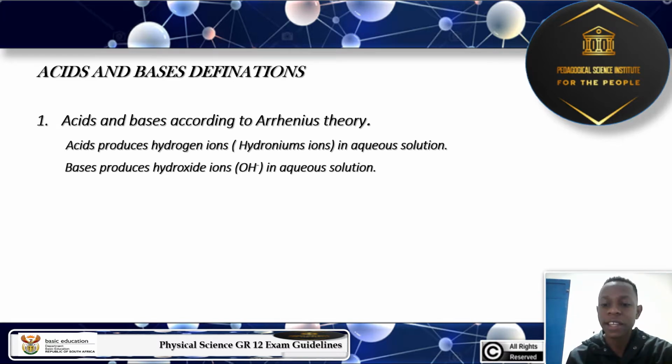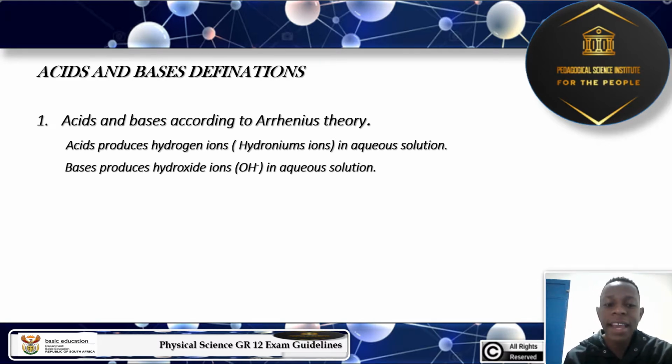We are trying to say when acids are in aqueous solution, or when acids are in liquid, they are going to produce what? Hydrogen ions. Why are they producing hydrogen ions? Because we know that hydrogen has to do with acid. So according to Arrhenius theory, when acids are in aqueous solution, they are going to produce hydrogen ions or hydronium ions.